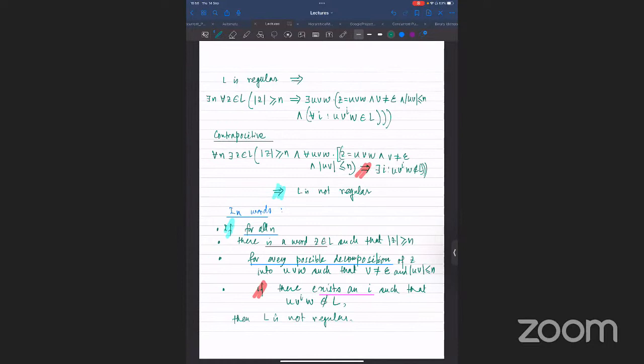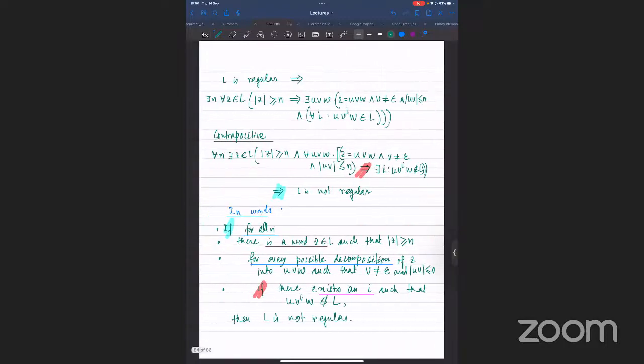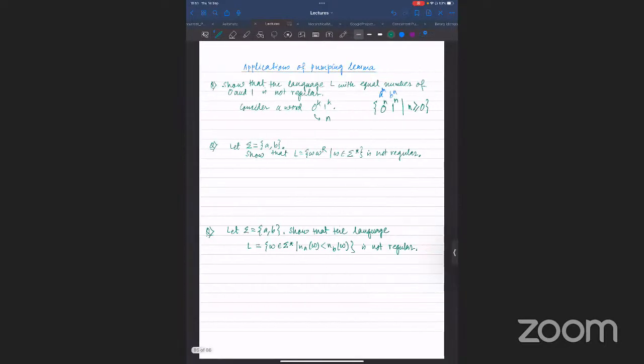So as long as you can find there exists, and to show regular, but for every n you can choose any k, right? Whatever k you choose, for every n, whatever you are choosing, so you are blue, I am the magenta, right? Whatever you are choosing, I am going to prove that it is not regular. So you choose any arbitrary k, right?